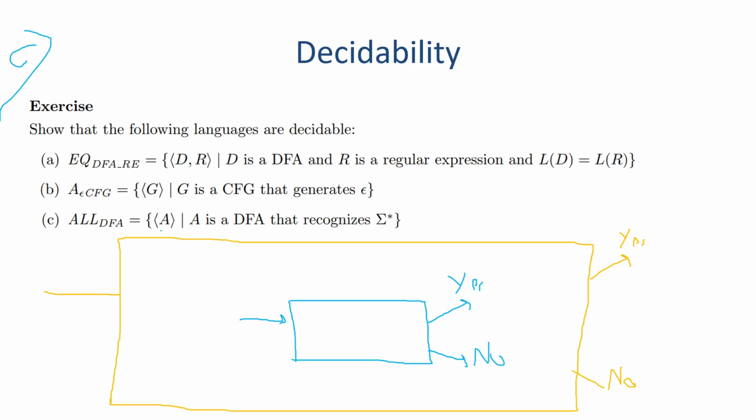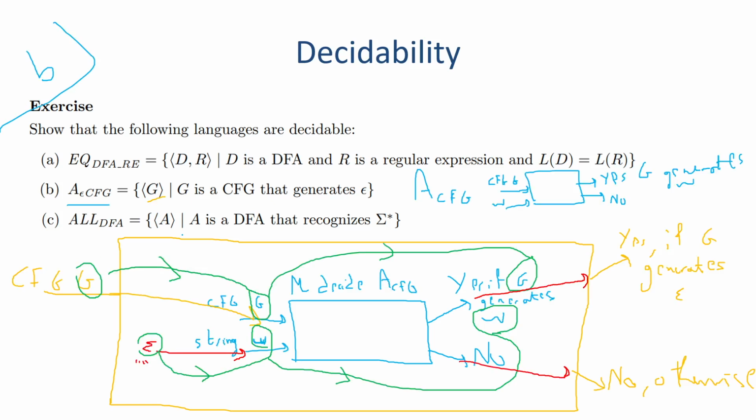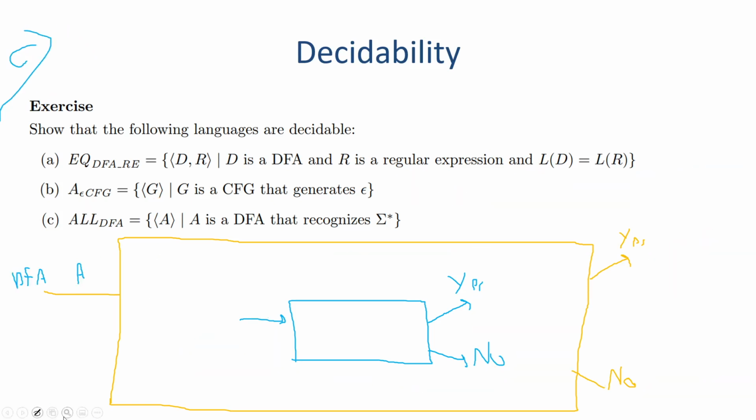So all DFA, it also only takes one input, a DFA A. It's going to tell me yes if A recognizes sigma star, in other words, if A just equals sigma star, and no otherwise.